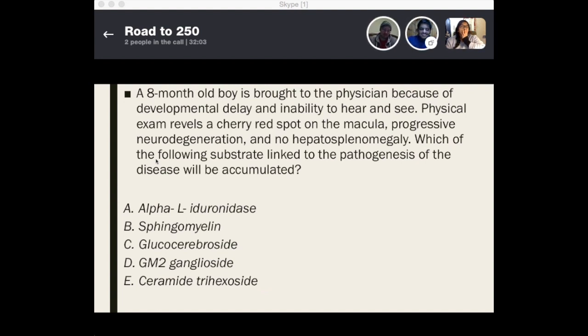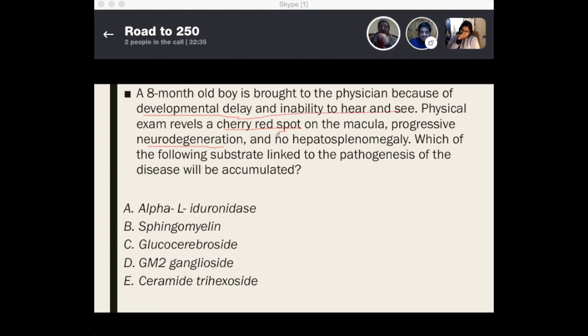D. Yeah, what's your guess? Alright, so here the big thing you're thinking about is cherry red spot. You're also looking at neurodegeneration, developmental delay, and the inability to hear and see.